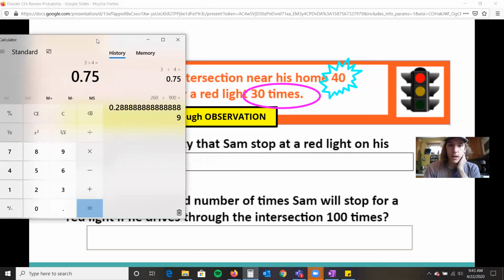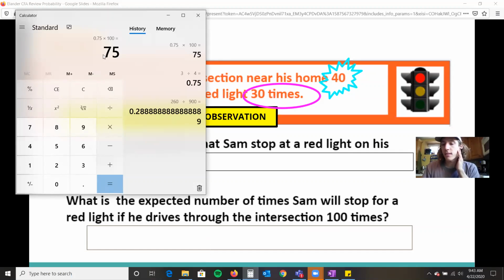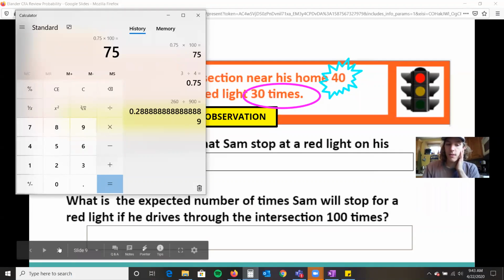And then I multiply by the number of times I'm predicting. So I'm basically taking 75% of 100 times and seeing what I get. 75% of the next 100 times would be 75 of those times.